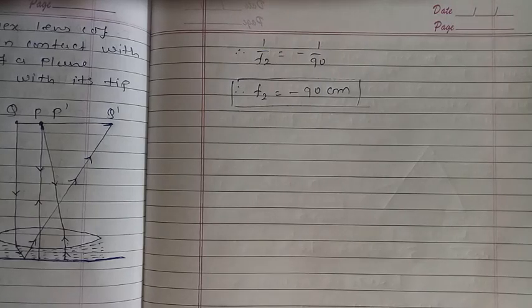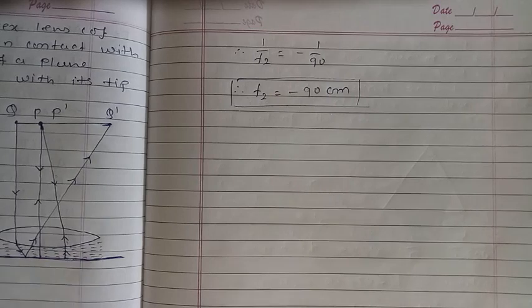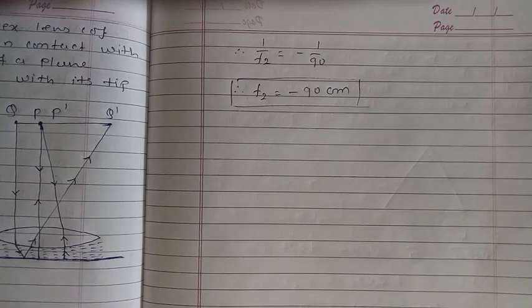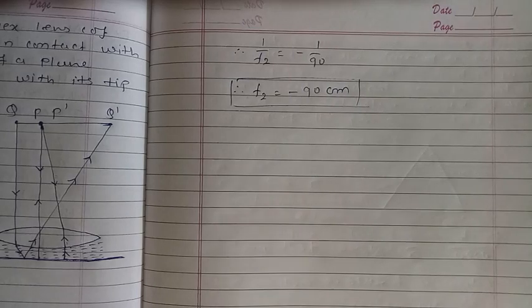But we can calculate the radius of curvature with the help of the case without liquid. Without liquid, the focal length of the convex lens is 30 centimeter, right? So we know the focal length of the convex lens is 30 centimeter.